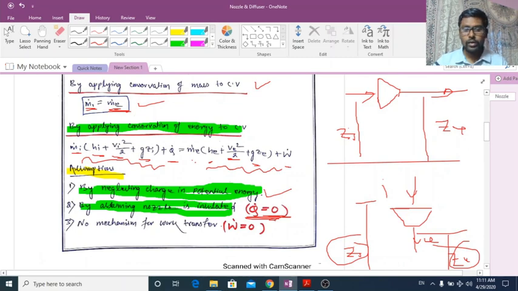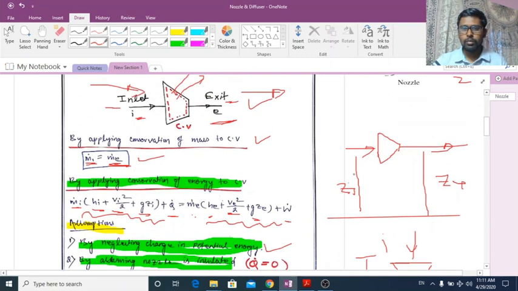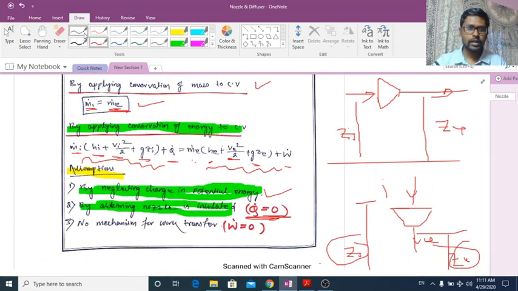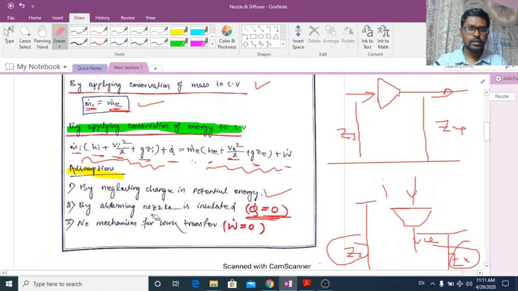What is the meaning of insulation here? As the velocity of flow of the fluid is very high, there is no time for the heat transfer. So Q dot is equal to 0, or we can say that the nozzle is insulated.